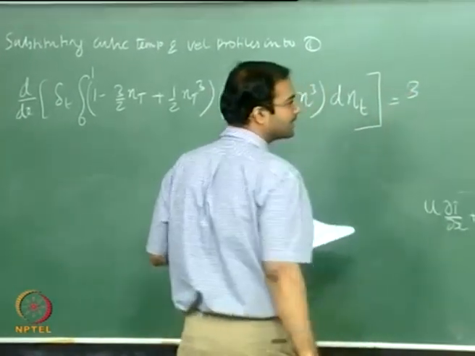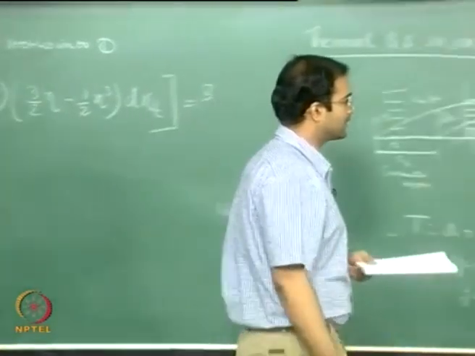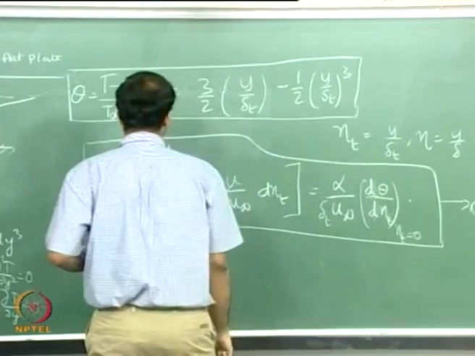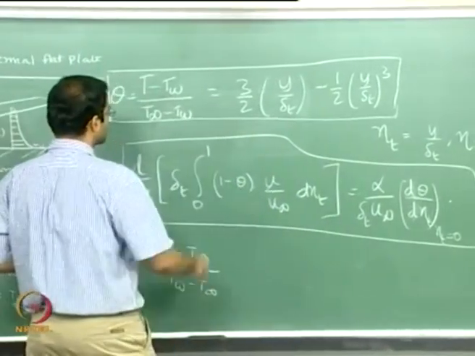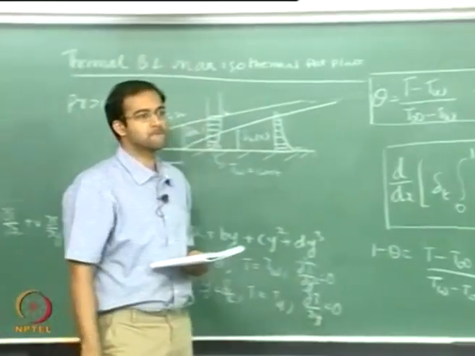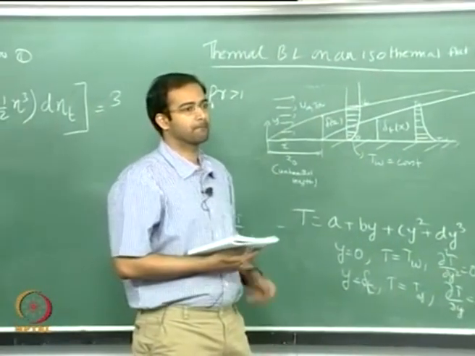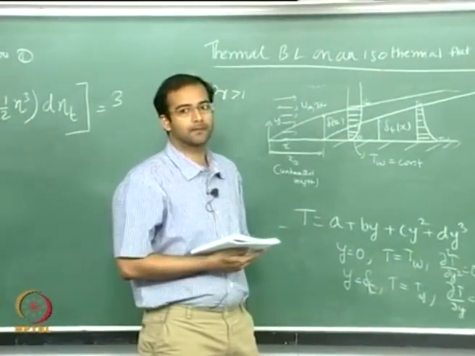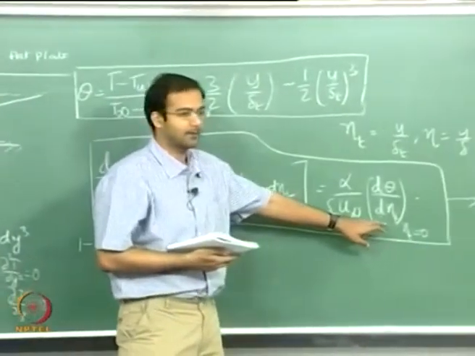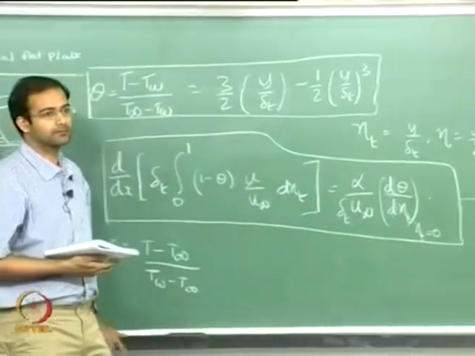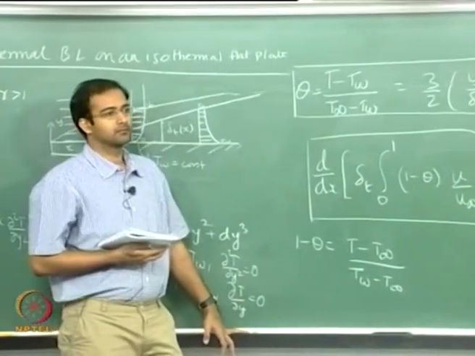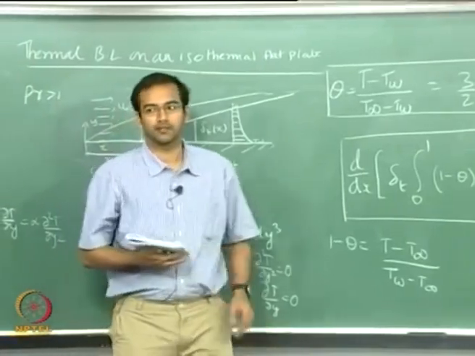On the right hand side now, what is d theta by d eta t? This is my theta. d theta by d eta t at eta t equal to 0 is 3 by 2, that's it.